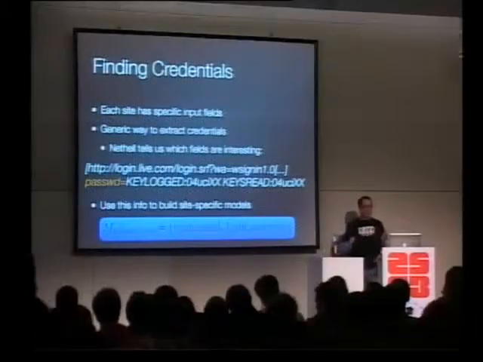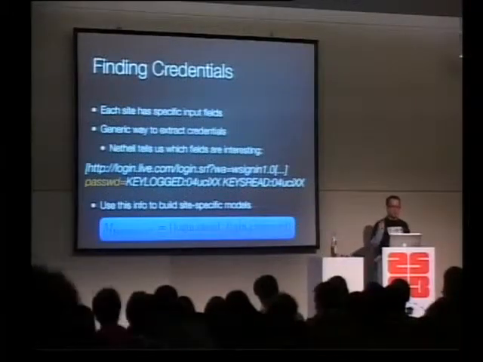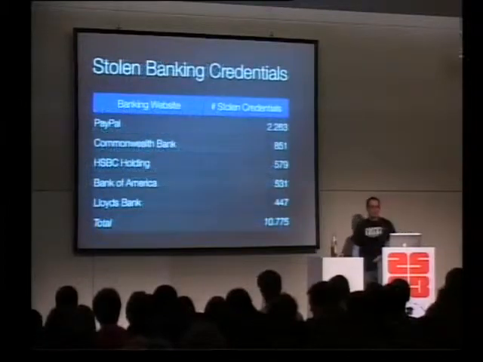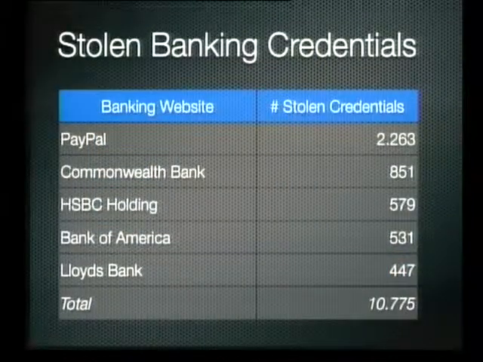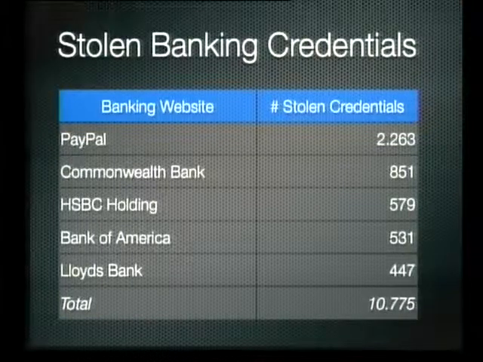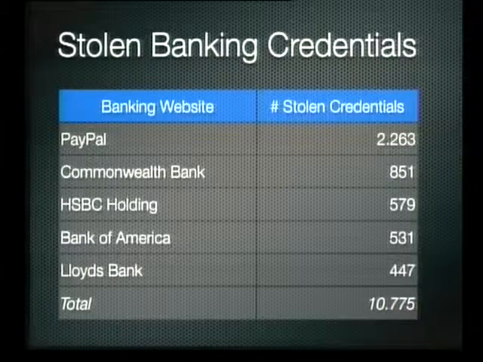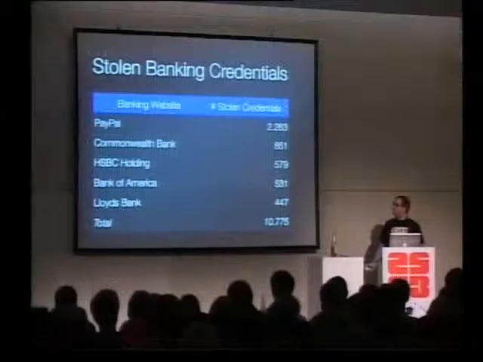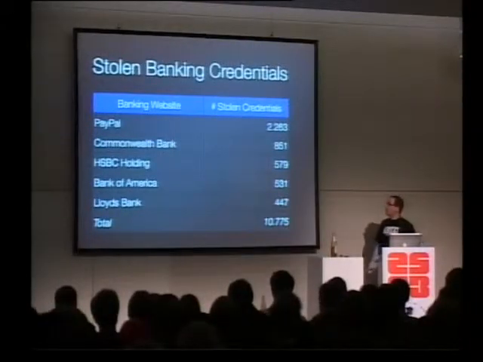So for each URL, we now know which form fields are interesting. This helps us then, for example, to observe what kind of banks are typically targeted. So for example, we found about 2,200 PayPal accounts, so username and password, with which an attacker can then log in and do immediate transactions, since there are no real security measures within PayPal.